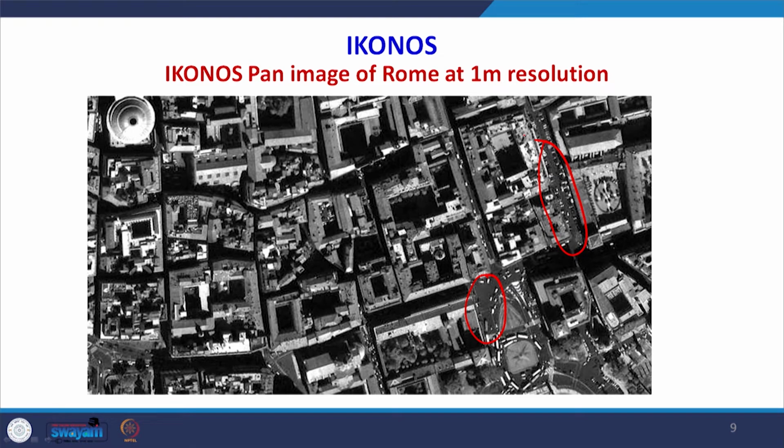So not only the width of the road, the dimension of the intersection of the road, or the buildings or the streets, but the number of vehicles also. People have even done classification of the vehicles into trucks and cars, or long vehicles and normal short vehicles, something like that.